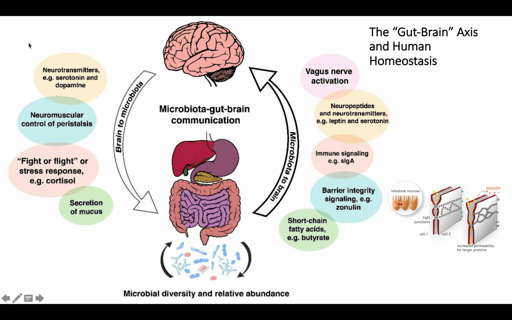It may also be producing proteins that will keep the lining of the intestine nice and tight junctions. The metabolites will also produce products that signal the immune system and keep our immune system kind of toned up. And then you may also have neurotransmitters such as serotonin. A large percentage of serotonin is produced in the gut by the microbes.